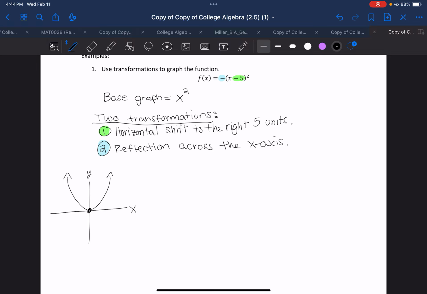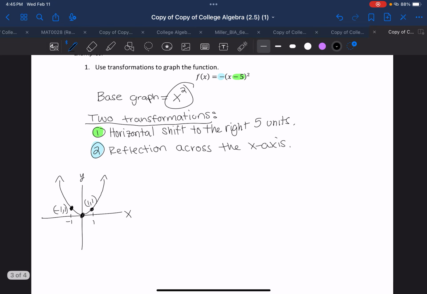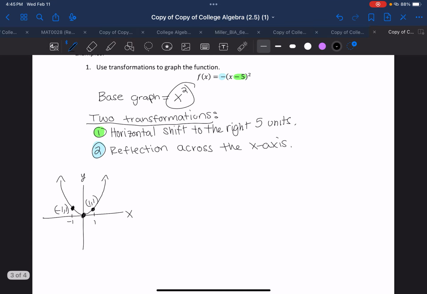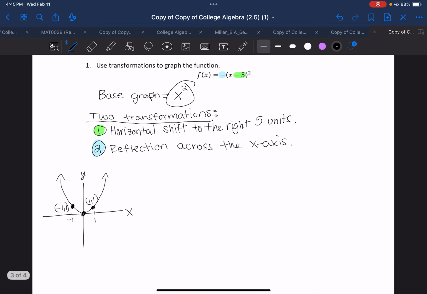So if I plug in 1 to x squared, I get 1. So this would be a point, (1, 1). If I plug in negative 1, I also get 1. So that would be the point (-1, 1). So just find a couple points so that you can easily shift those points as needed. So this is the base graph, x squared.